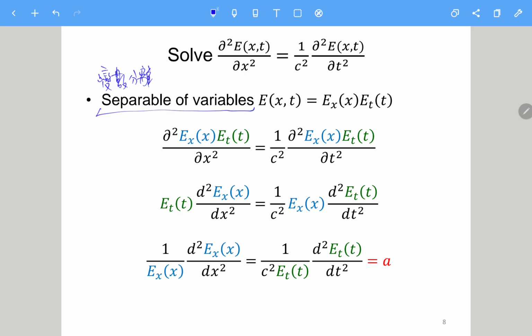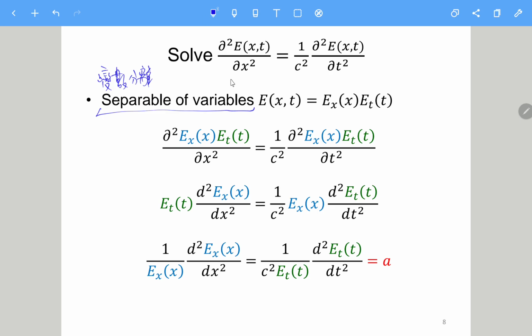So when you really need to solve some partial differential equation, you try this first. If it works, then it works. If it doesn't work, then you need to seek other methods. But it is the simplest one, so try this first. Because solving partial differential equations usually is not so easy, just try some simple method first, and if it works, then you will be very happy.